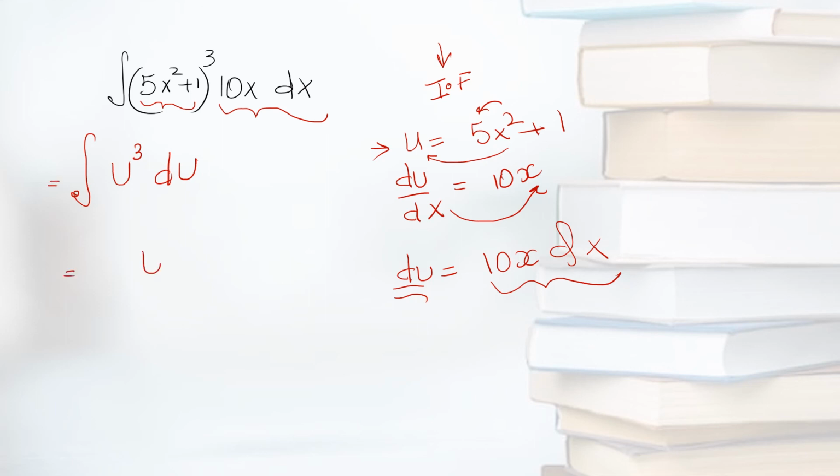In the power rule, you add 1 to the power and you divide by the same power. And since the integral is indefinite, you will add the constant of integration. Now replace the u by 5x squared plus 1, which you supposed in the start. Write the power 4 as it is, divide by the 4 as it is, and then plus c. We will see in another video some more questions in order to clear our doubts.